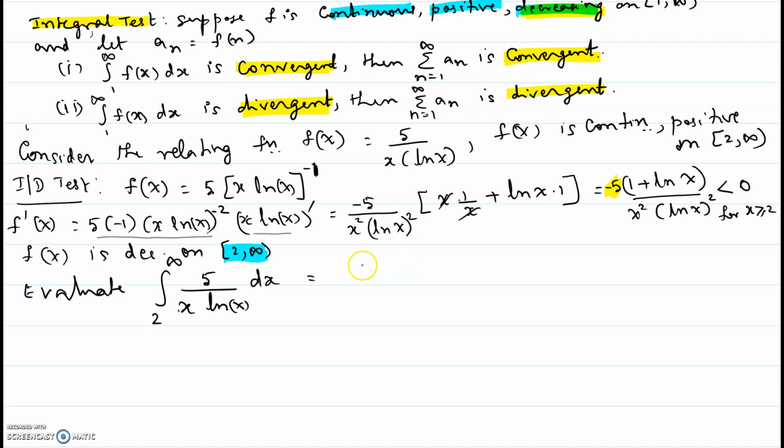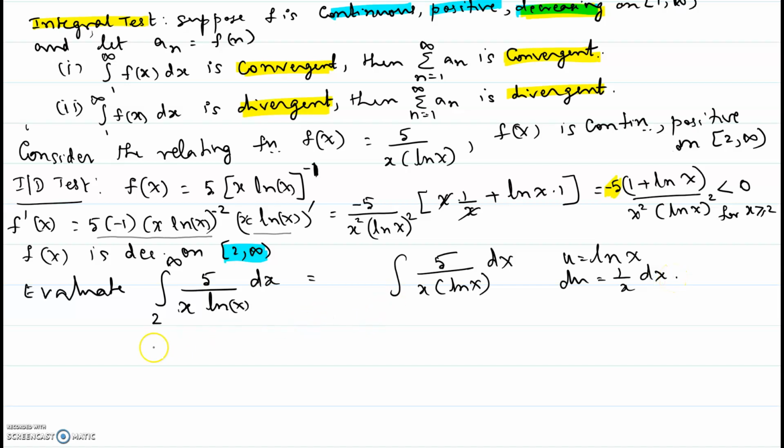So just look at this integral without the limits here. If you just consider the integral 5 over x times ln x dx, we are going to apply the u-sub method here. So let's assume u equal to ln x. So du would be 1 over x dx.